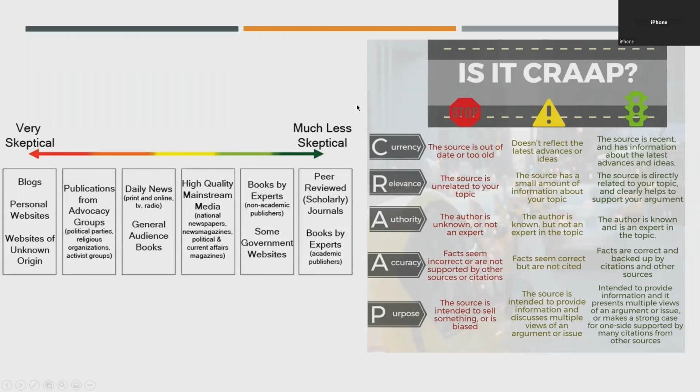And then our most trustworthy sources are peer-reviewed scholarly journals. These are written by scholars, published by academic journals, intended to be read by other scholars and professionals, and peer-reviewed. Those are very, very trustworthy.